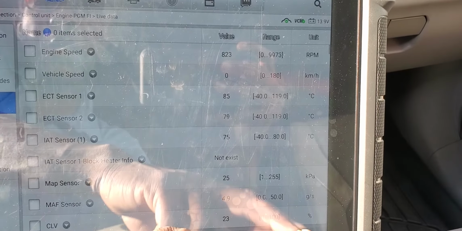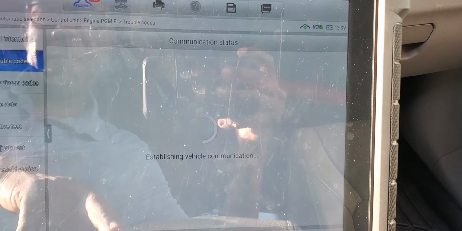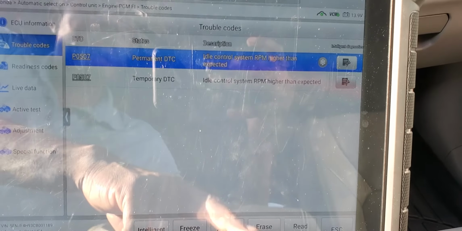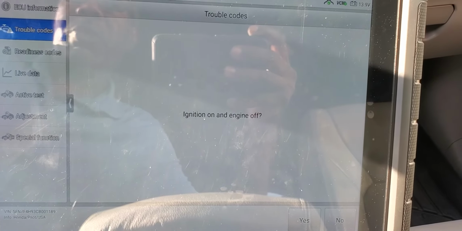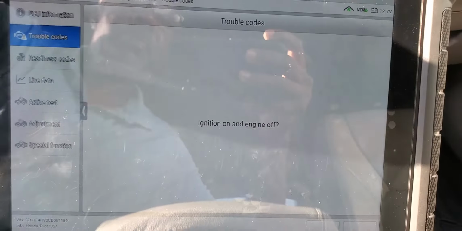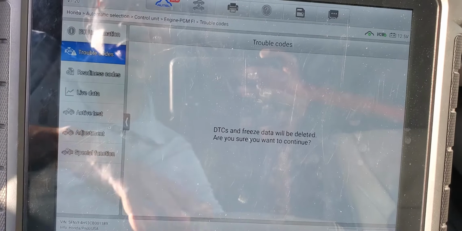Let me go back. I'm going to delete the code, erase the codes. Let me turn the key, engine off, ignition on. Okay, ignition on. Say yes.